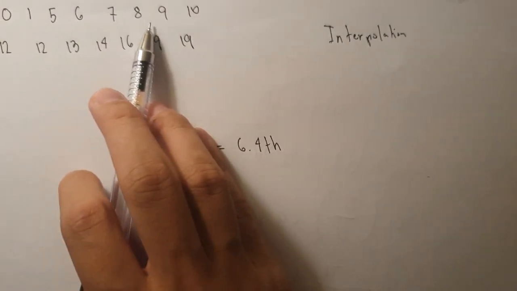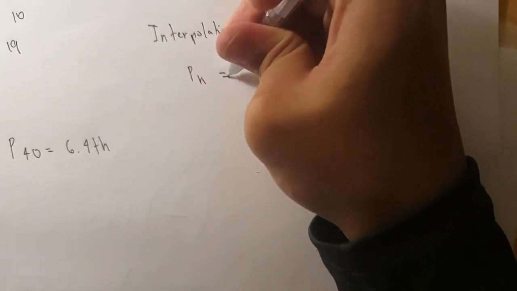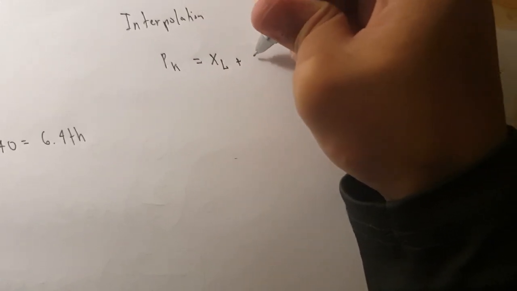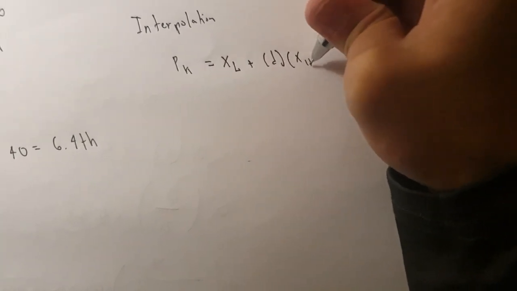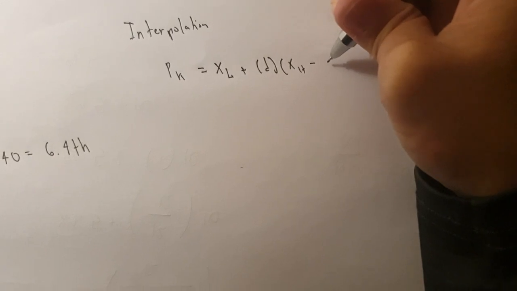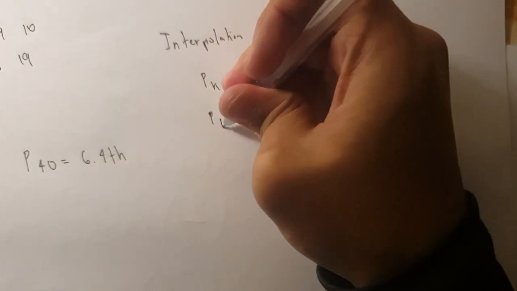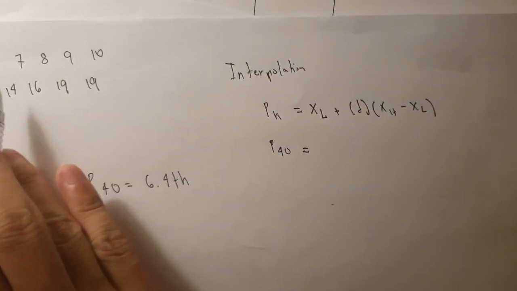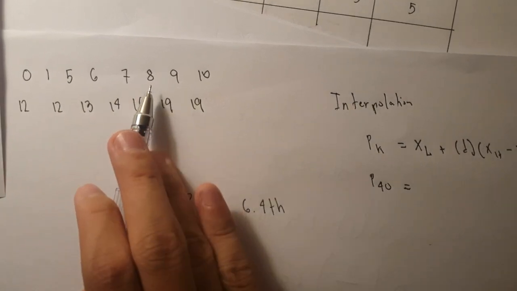So, the formula of interpolation is Pk is equals to the lower value plus the decimal point times higher value minus the lower value. So P40 is equals to, again, the lower value, which is the 1, 2, 3, 4, 5, 6.